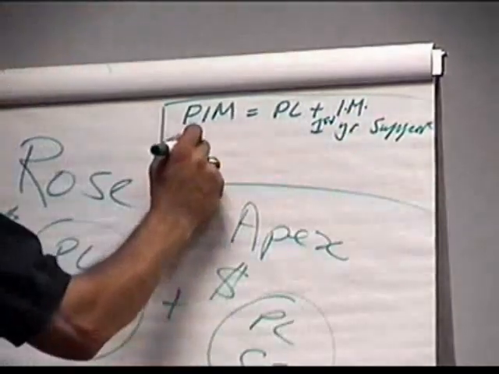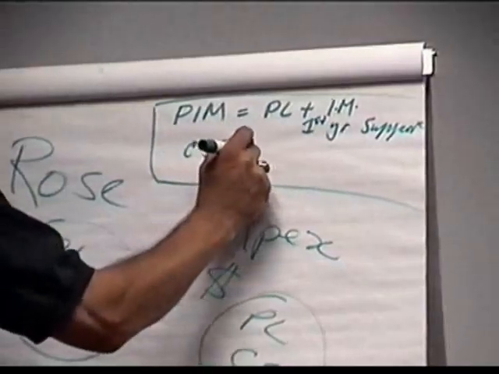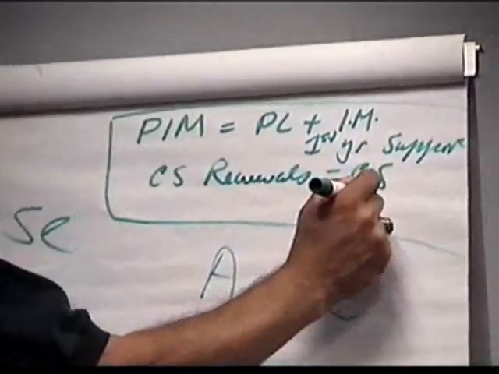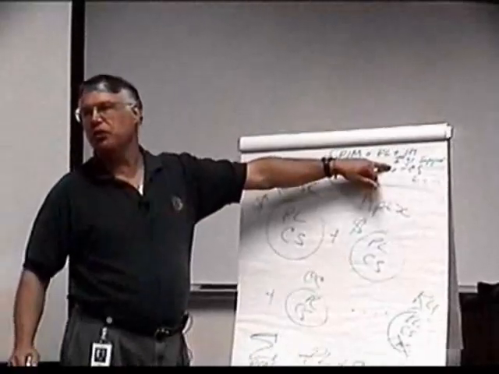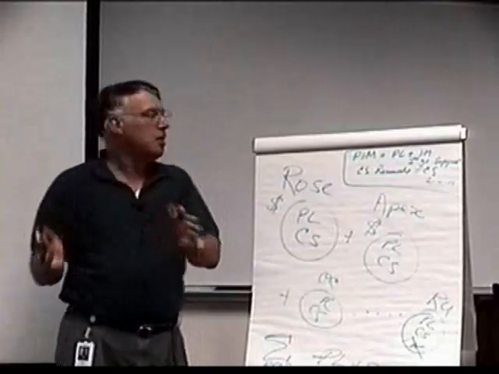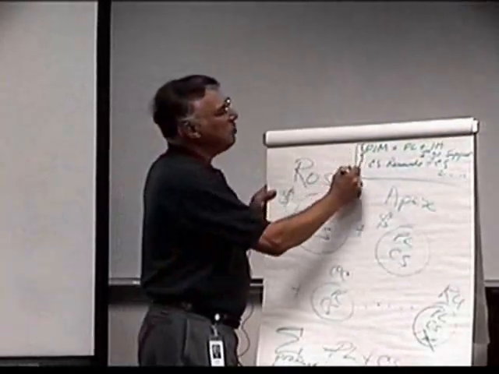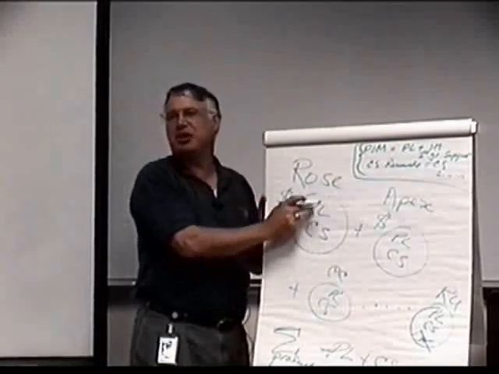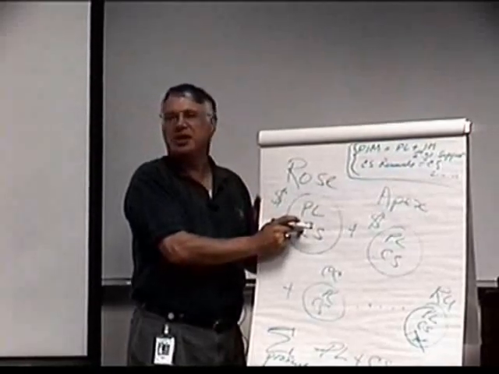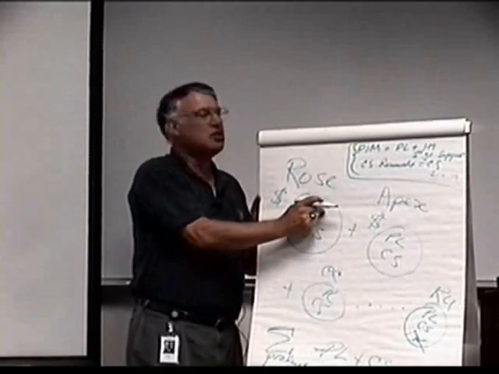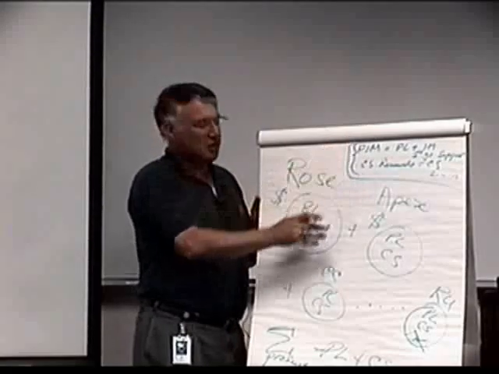And then we sell Customer Support Renewals, which is customer support for years 2 through N. So what we basically do is bundle the first year of support with the product, because we want to make sure that everybody is on support the first year. But you can see that if we add up the PIM plus the renewals, that comes out to be the same thing as product licenses plus customer support. It's just taking the first year of the support and putting it in with the license. So don't get confused by this.